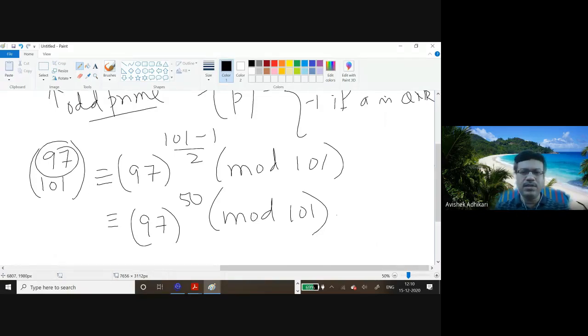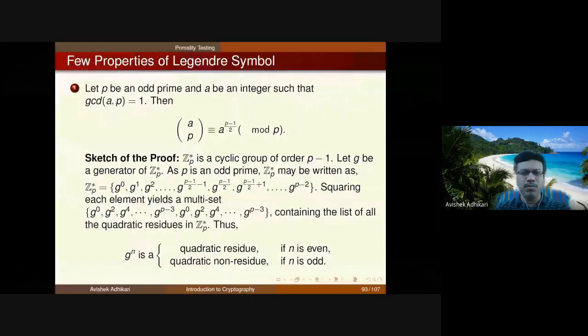Calculating this is not a very easy task. It would be very difficult for us to directly calculate 97 to the power 50 modulo 101. So this way, with this formula, we may not be able to go further.